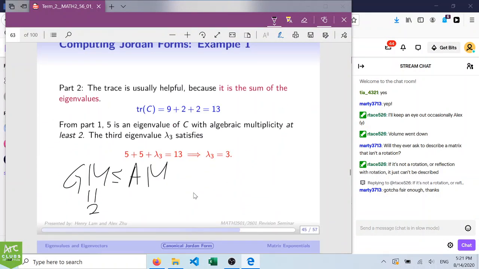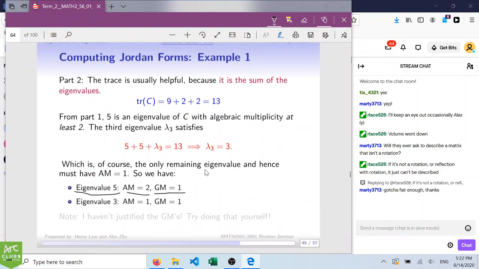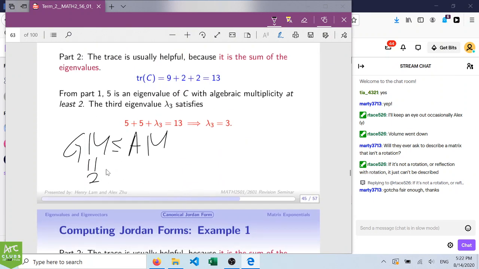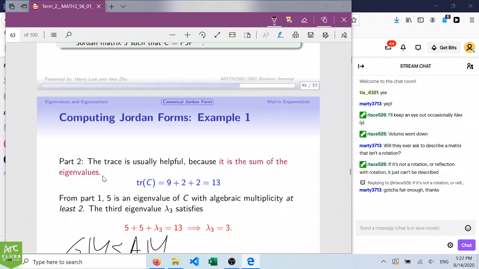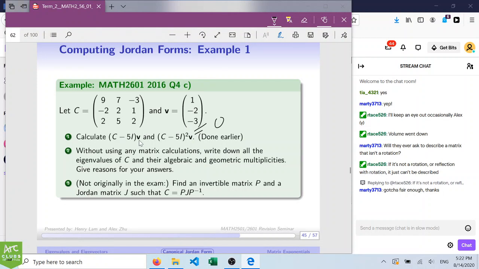So I believe, yes, the GM over here equals 1. We know that C minus 5I times V is equal to a non-zero vector, and we also know that C minus 5I squared times V is equal to the zero vector.